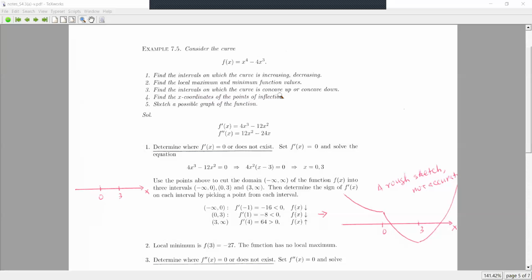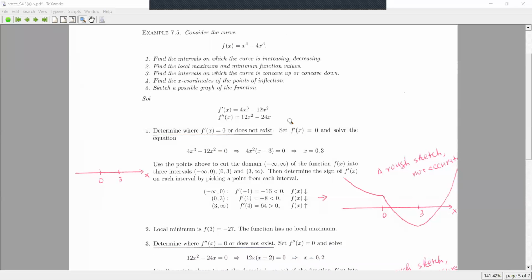Second derivative greater than 0, the curve is concave up. Second derivative less than 0, the curve is concave down. So to answer the third question, I compute the second derivative. Take the derivative of the first derivative to get the second derivative.